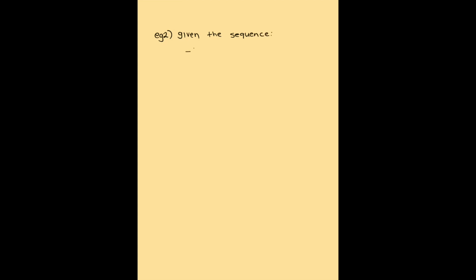Let's go -1, 2, 5, 8. Okay, so this is my sequence. My first question is determine the nth term. Remember that the nth term is just my fancy way of saying find the general term for this sequence.